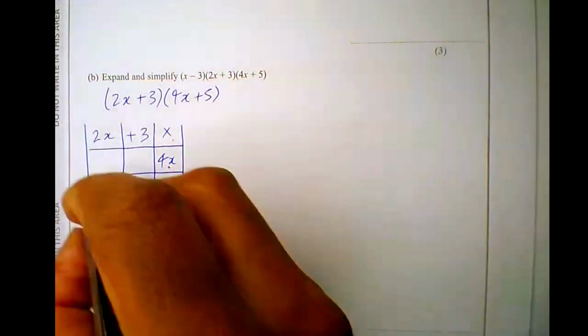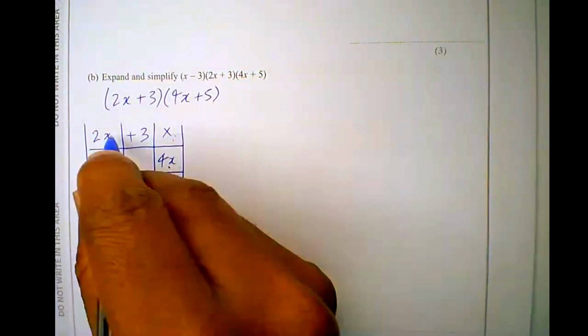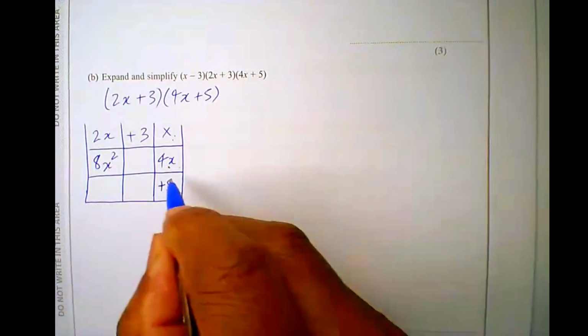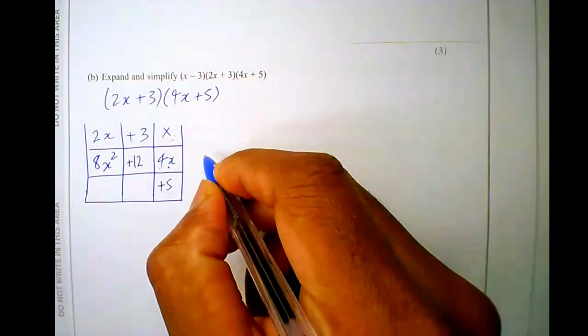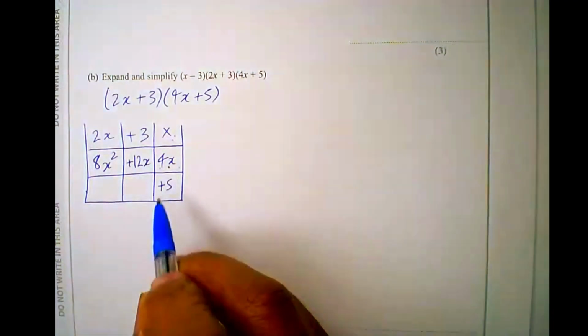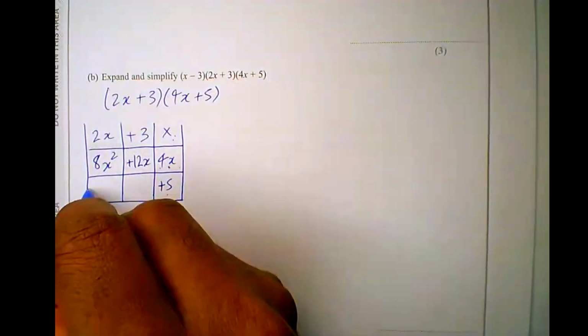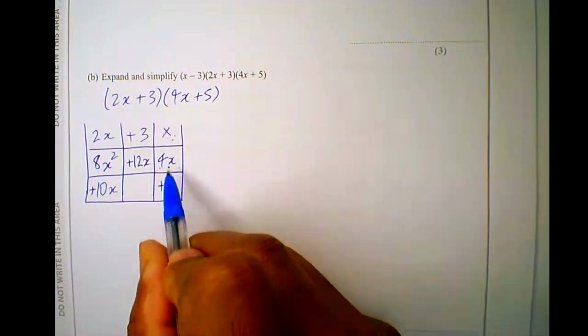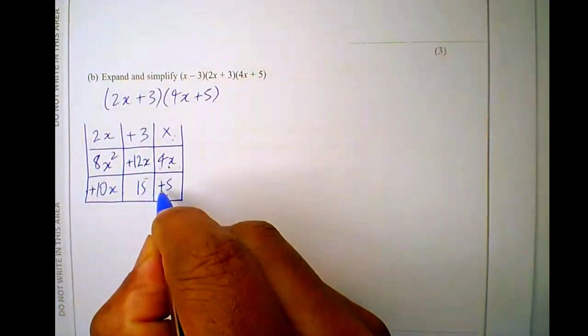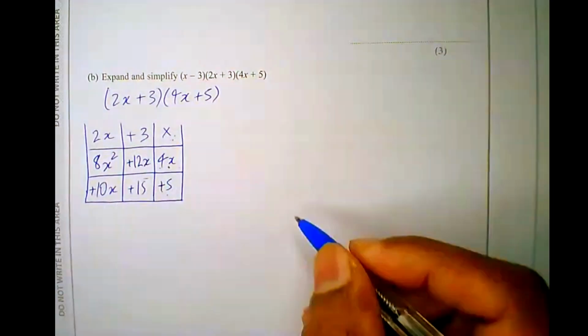4 times 2 is 8. x times x is x squared. 4 times 3 is 12, so 12x. 5 times 2 is 10, so plus 10x. 5 times 3 is 15, and both of them are positive, so we've got positive.